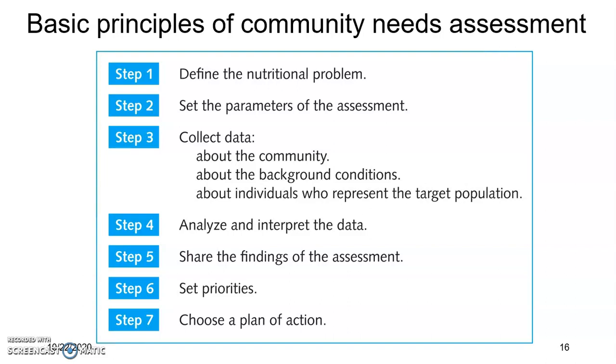So contoh satu adalah you nak assess berapakah pengambilan gula di kalangan targeted community you. Sebab you tengok komuniti tersebut banyak ramai sangat ada sakit kencing manis. Jadi one of your parameters of the assessment adalah nak tengok berapakah jumlah pengambilan gula dalam sehari contohnya di kalangan komuniti tersebut.